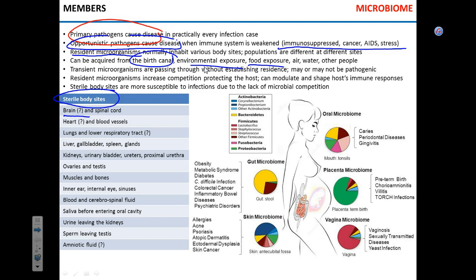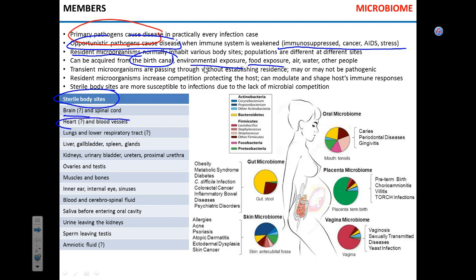But several studies demonstrated that in the brains of healthy people, people that didn't die of the brain damage, let's put it this way, okay, you can identify DNA of bacteria in their brains. Of course, the question is it just an artifact, or did this bacteria actually inhabit the brain? Does that make sense so far?